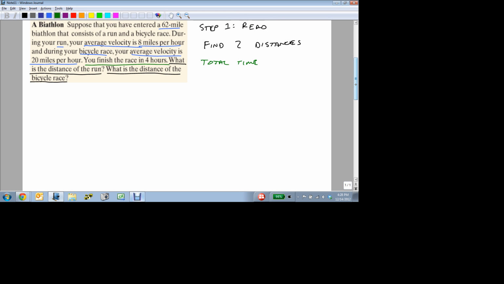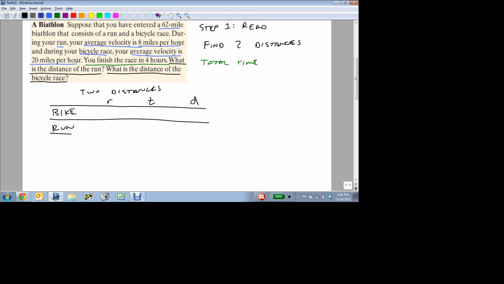We know that there's two distances being covered. One is the bike distance, and one is the run distance. We know that for each of those they're going to have a rate, a time, and a distance that they cover. So we're going to make this nice little table, and we're going to draw a picture.